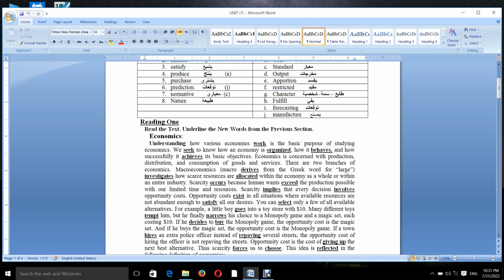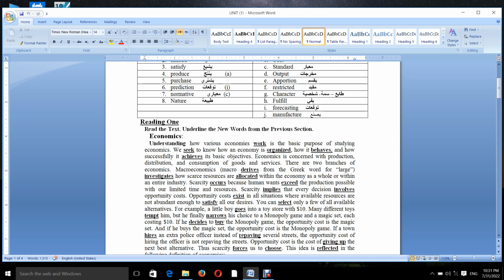Many different toys tempt him, but he finally narrows his choice to a Monopoly game and a magic set, each costing $10. If he decides to buy the Monopoly game, the opportunity cost is the magic set, and if he buys the magic set, the opportunity cost is a Monopoly game.